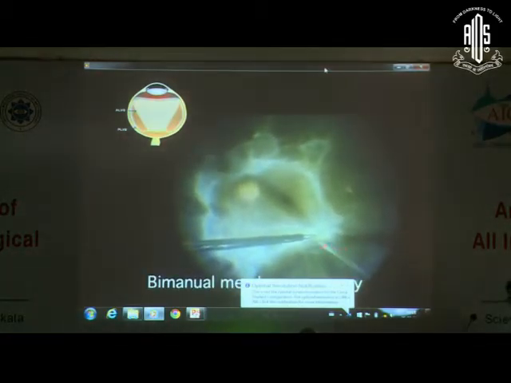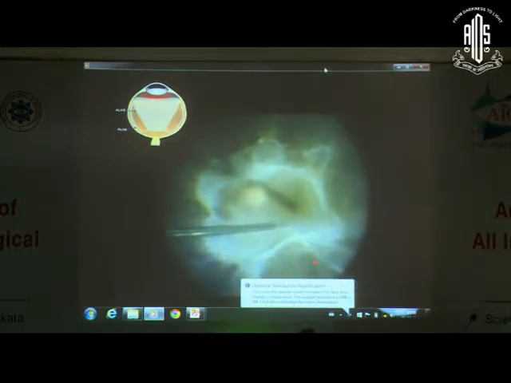This case very classically shows what was shown in the animation also. Here we start dissecting here, but this was the incorrect plane.